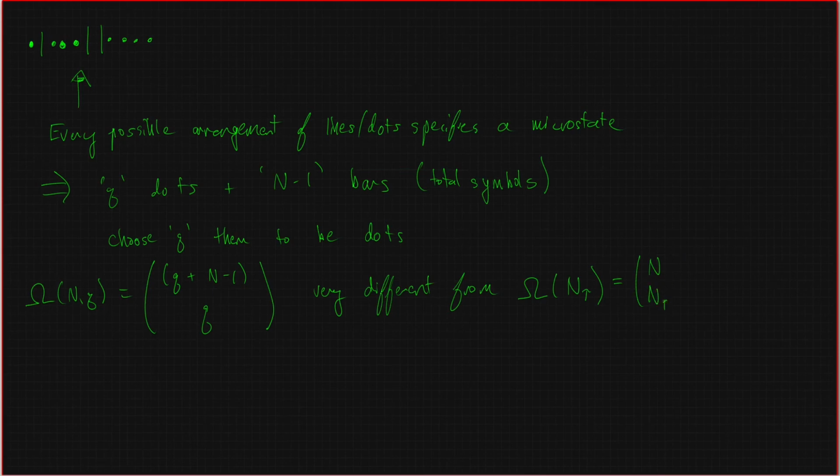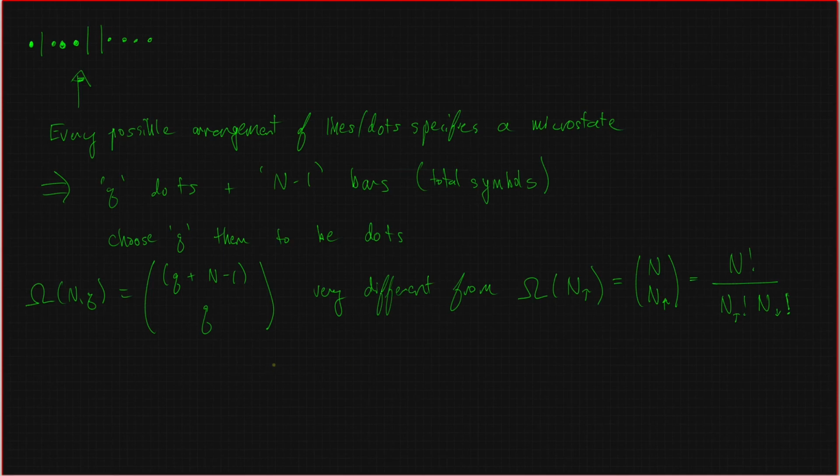You choose n of them with an arrow to be heads up. That multiplicity function looks like the following. Oh, that's not an arrow. Okay, so yeah, these two things are very different, obviously. So don't ever get them confused.